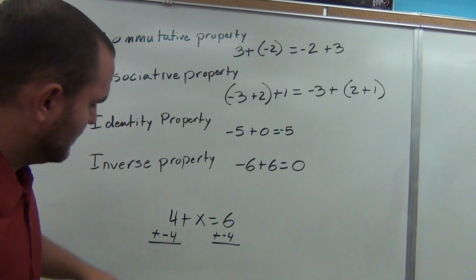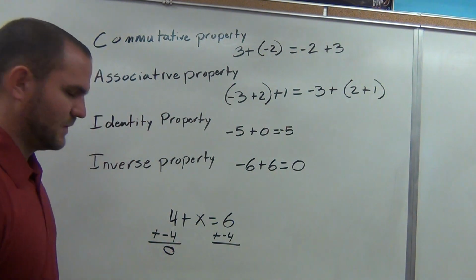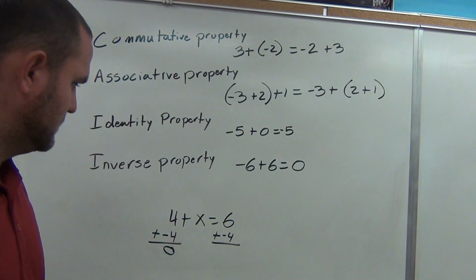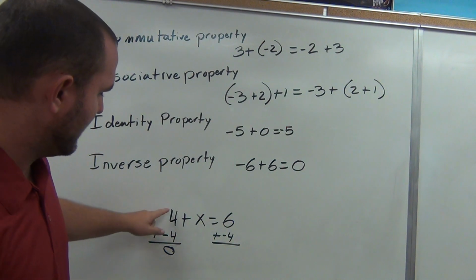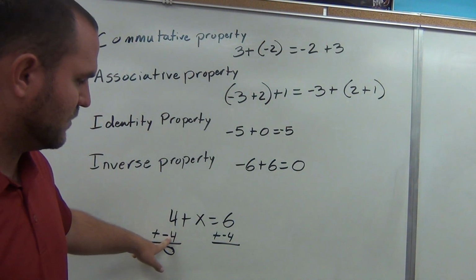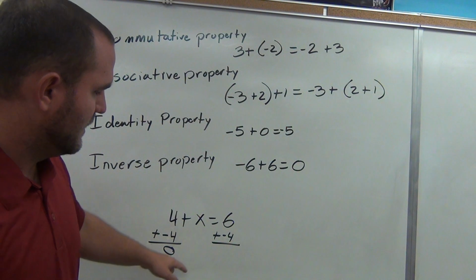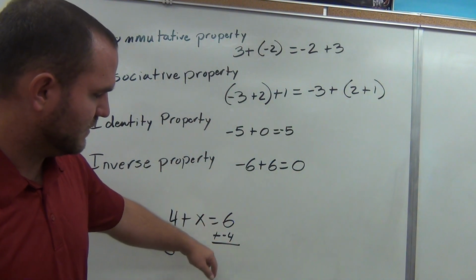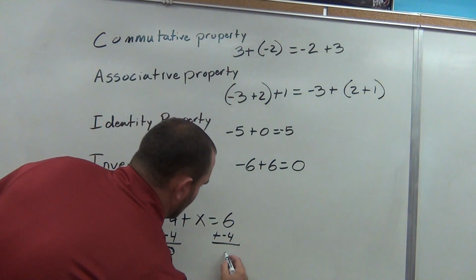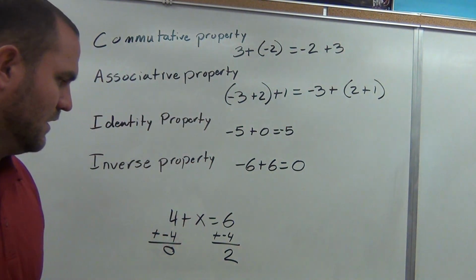So this would make a 0, all right? I put in a -4 here, which gave me a 0, and a -4 here, and now that gives me 2.